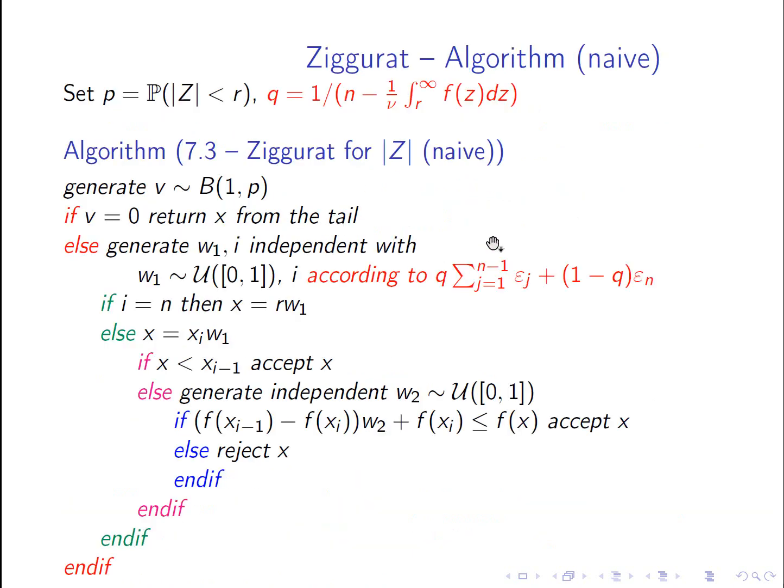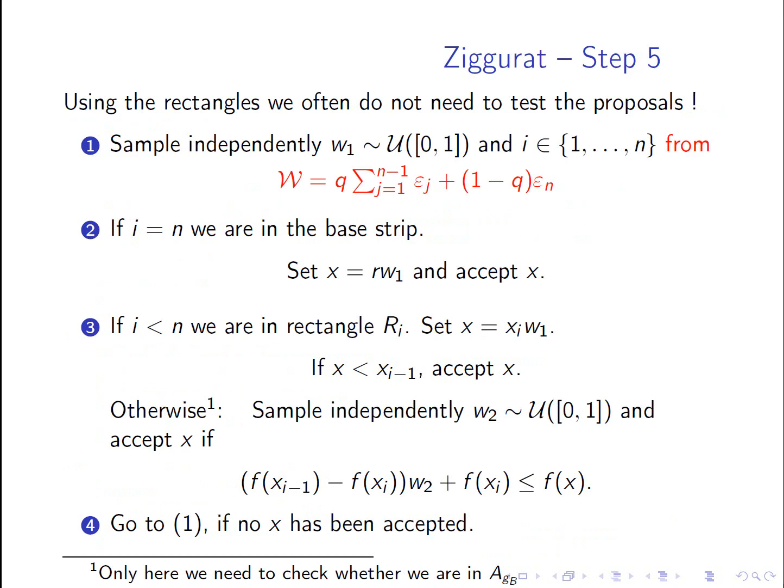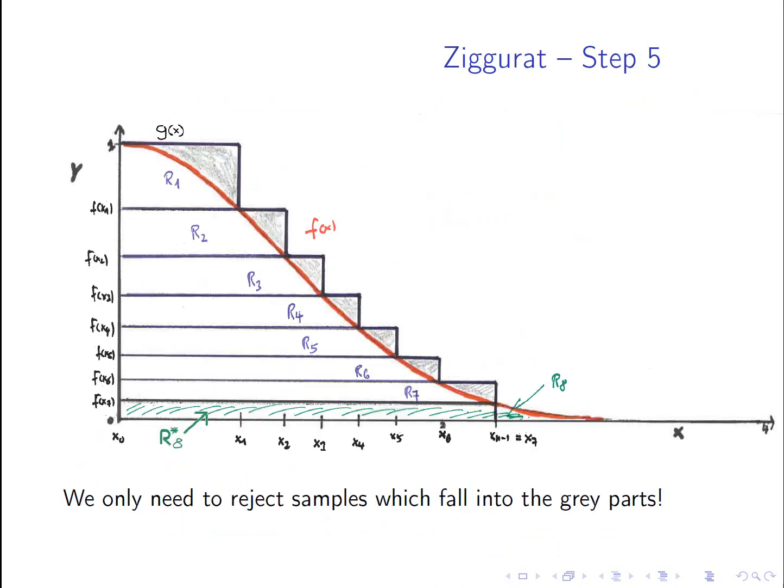So here's the pseudocode adjusted. Here we need this q, and here's the adjusted sampling of q. Okay, so you might wonder why in the Ziggurat algorithm, if we need to do this case distinction, we choose nu for this rectangle, nu for this rectangle up to here, and also for the base strip.